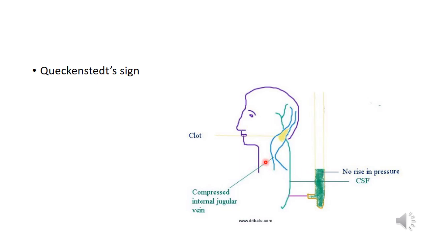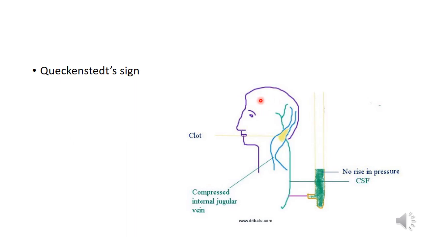Usually when the internal jugular vein is compressed, the venous pressure is increased, the pressure is raised inside the superior sagittal sinus, and the flow of CSF to the superior sagittal sinus is blocked.